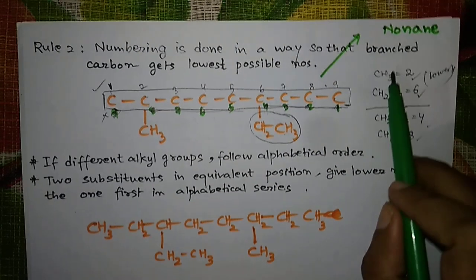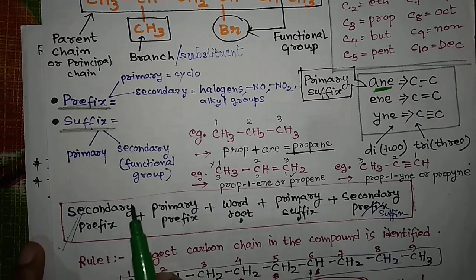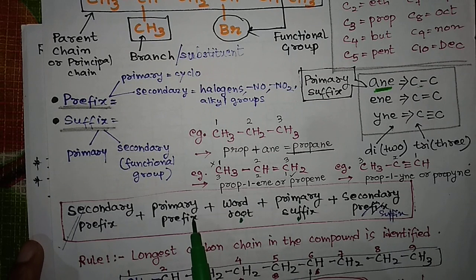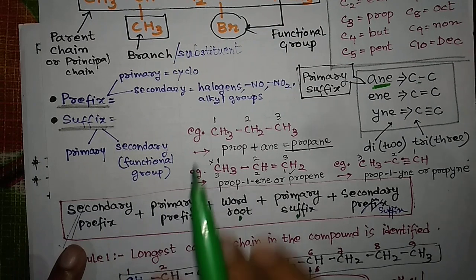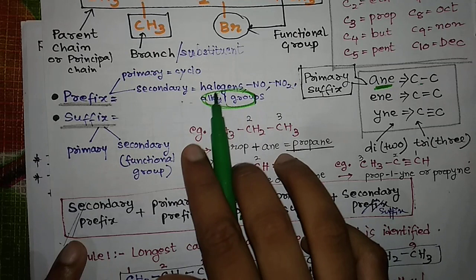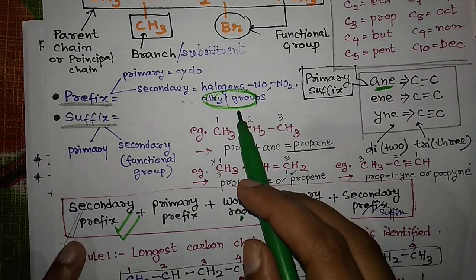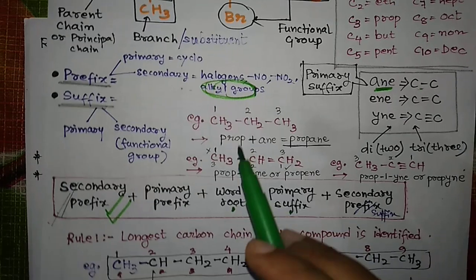This is the word root and this is the primary suffix. Now I have said you that if there is a secondary prefix, you have to write it, okay. So what is the secondary prefix? Already I have said you the alkyl groups are the secondary prefix, right? So the secondary prefix is there in our compound, so we will write the secondary prefix, that means the alkyl group.